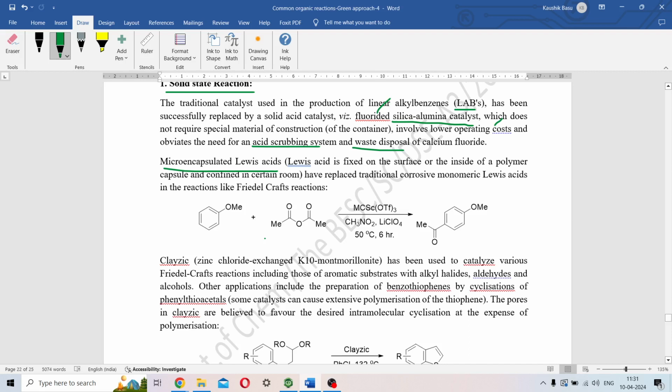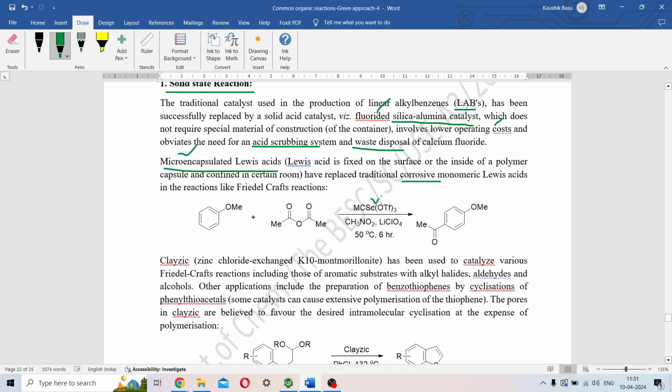So they have developed polymeric material within which they can embed, integrate Lewis acid catalysts. Inside a polymer, it forms like a capsule, and the catalyst remains there. The monomeric Lewis acid catalysts like AlCl3 or FeCl3, those have been replaced because they have corrosive properties, by this type of micro encapsulated Lewis catalyst.